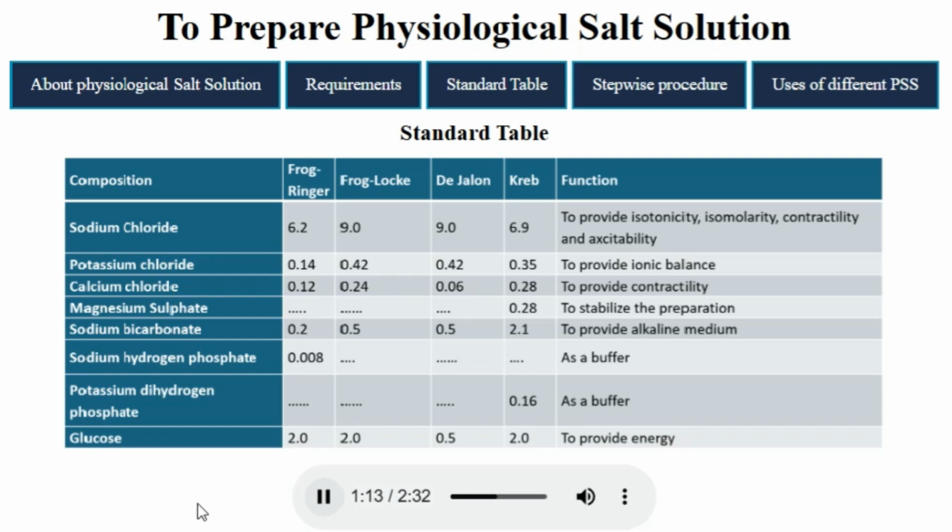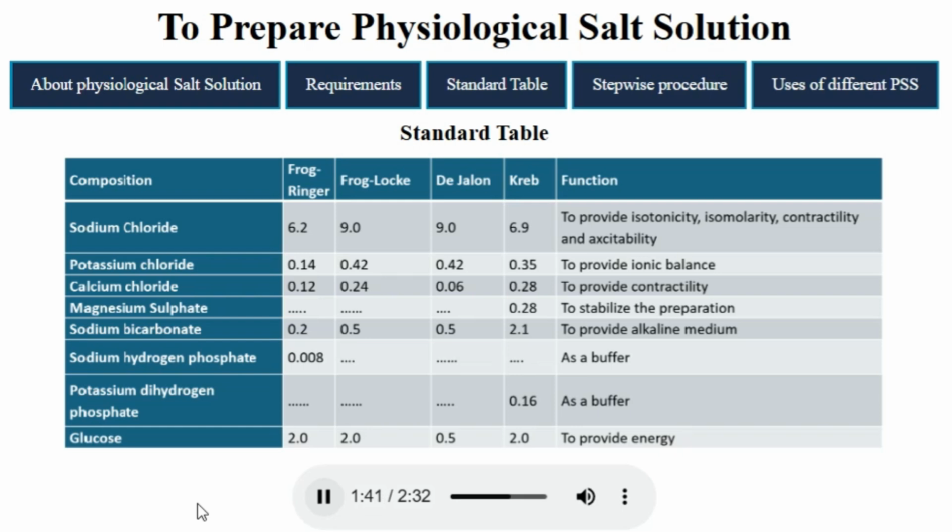De Jalon 0. Krebs 0.28. Function: to stabilize the preparation. Composition: sodium bicarbonate. Frog Ringer 0.2. Frog Locke 0.5. De Jalon 0.5. Krebs 2.1. Function: to provide alkaline medium.